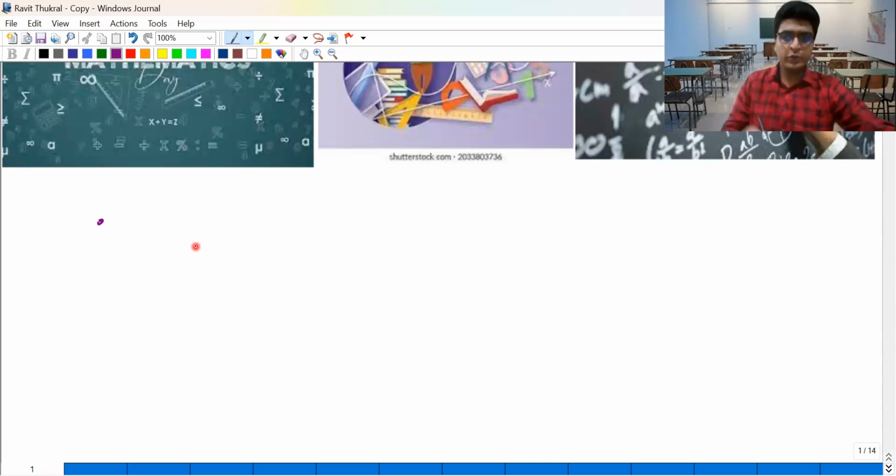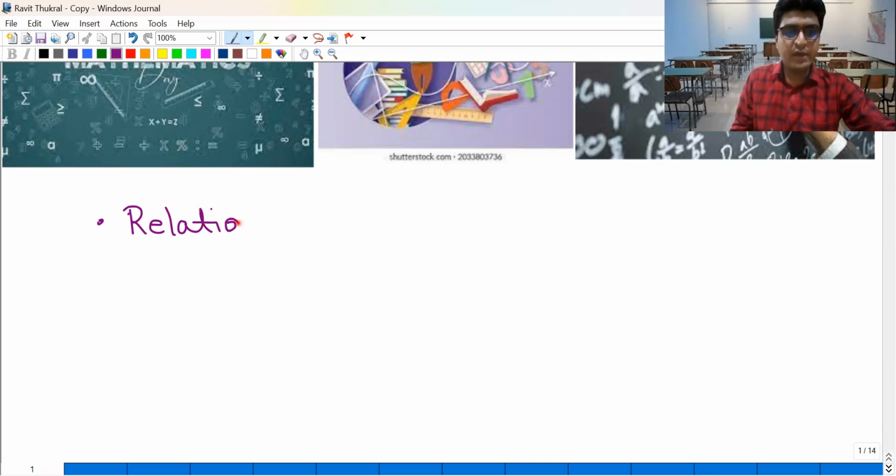So before moving on to functions, we'll talk about relations. There can be a few symbols, a few technicalities which some of you might not be comfortable with. We'll talk about that and then we'll soon develop over it and move to advanced level so that everyone can benefit from this class. So what's a relation?